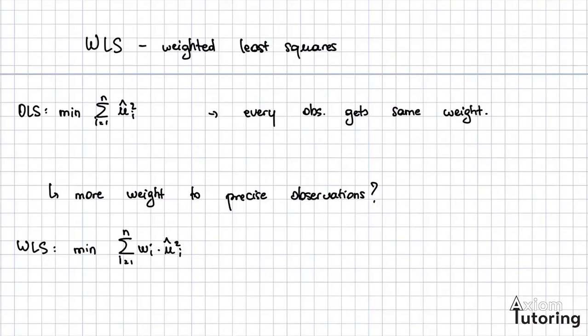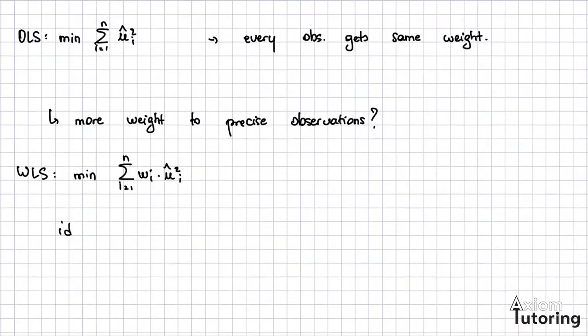So how are weights chosen would be the most common follow-up question. The ideal weight for each observation would be 1 over the variance of u_i.